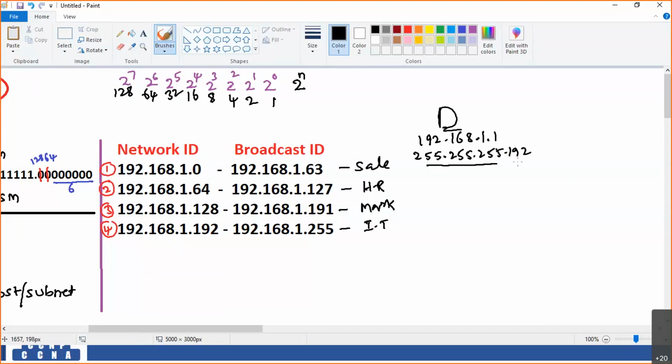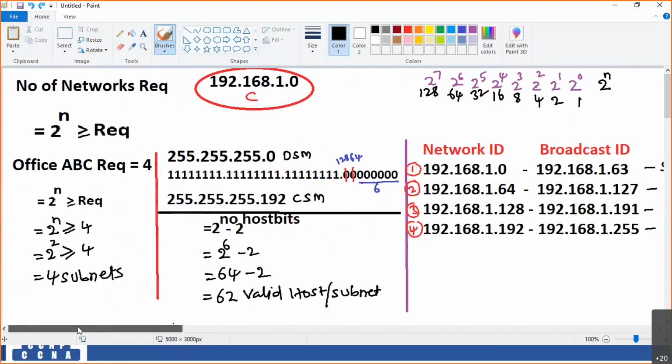If you use the 192 subnet mask, up to 1.62 the IPs are in the same subnet. 1.65 comes in a different subnet. You can copy it now.